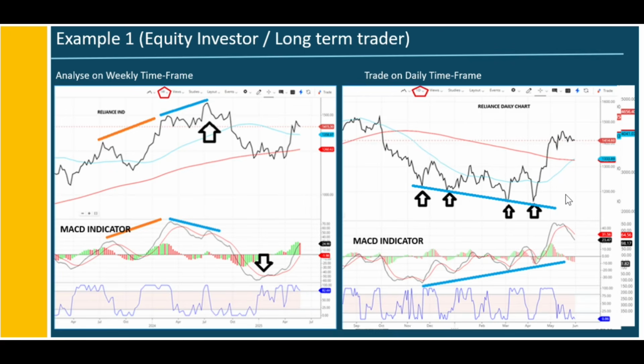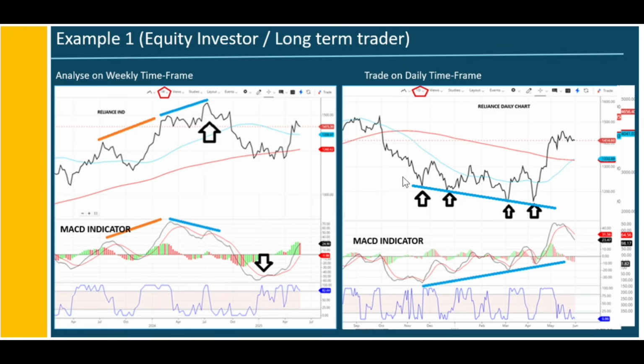Since I know Reliance is going to fall, I will hedge my positions with futures and options, buying puts and calls, whereas as an equity investor, I won't go and do aggressive buying. I will wait until I again see a higher buy signal on the daily chart.